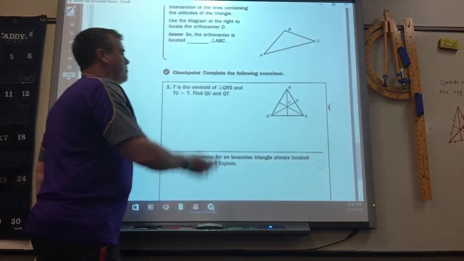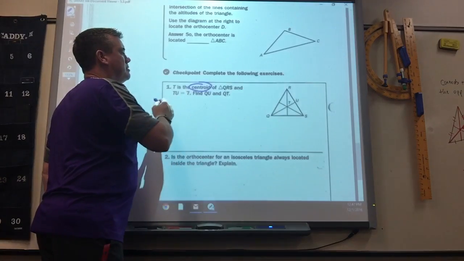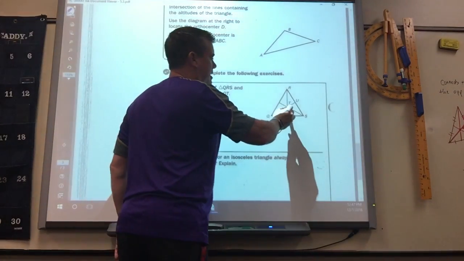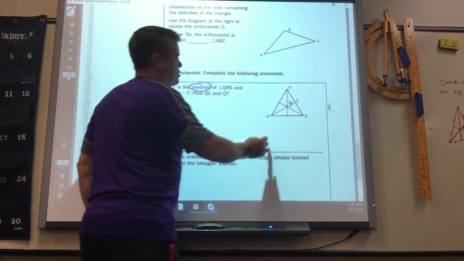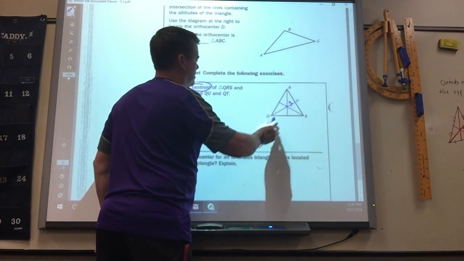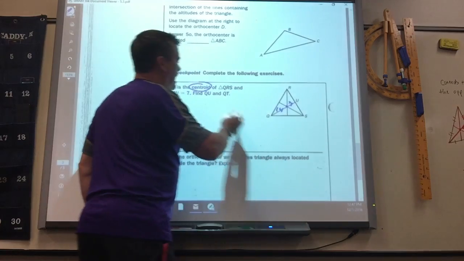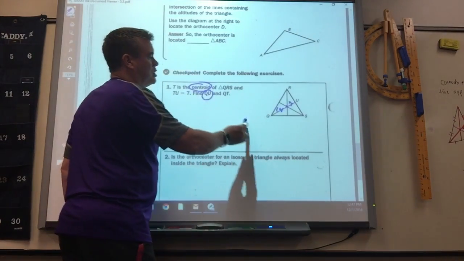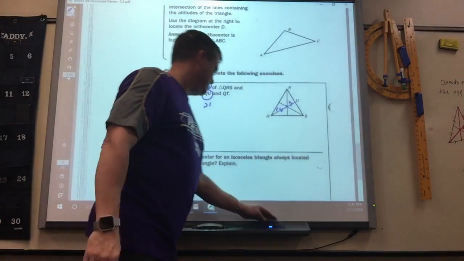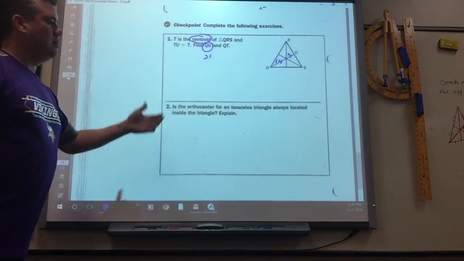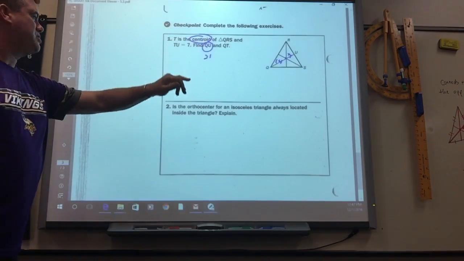Okay, this is the centroid, which means these are medians. TU is 7. So what is QT? 14. And then they ask for the whole thing, QU, you just add them together, 21. Another type of question, you can just look at the picture.